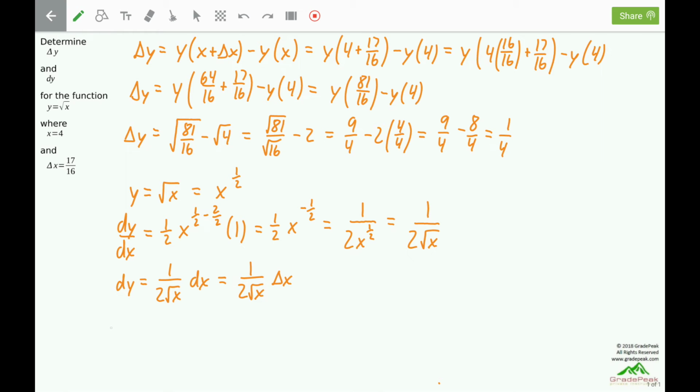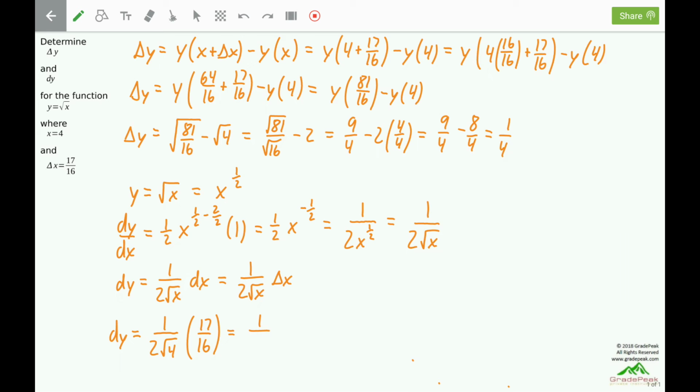We can now find dy by plugging numbers in, and that will give us 1 over 2 times the square root of 4 times the delta x, which is 17 over 16.